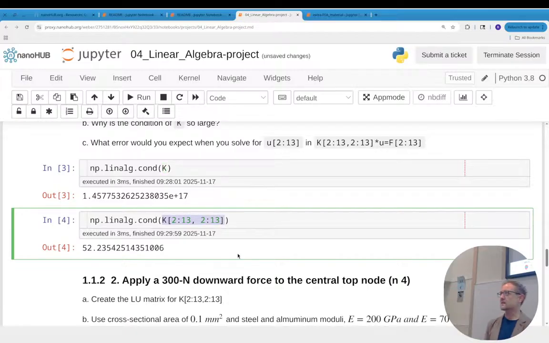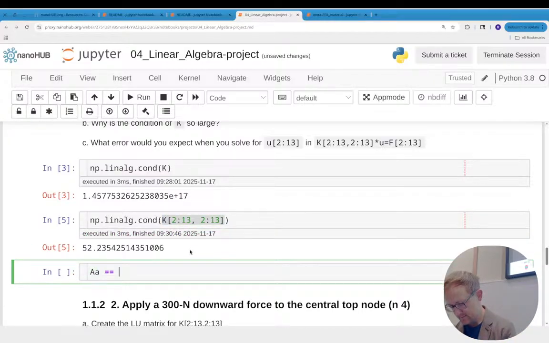What is the difference there between the first K and this K? First, let's just figure out what does that bracket 2 to 13 do? Why am I writing that in there twice? Any ideas? Let's make a smaller matrix.